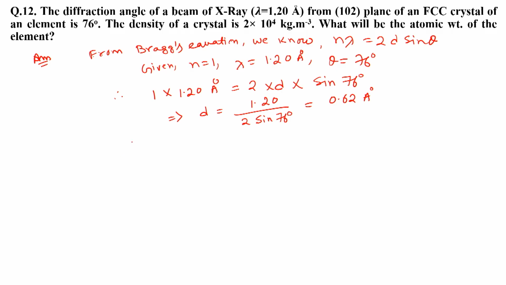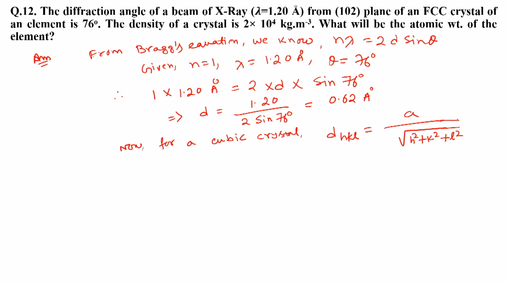Now for a cubic crystal, d_hkl is a by square root of h square plus k square plus l square, right? For the 102 plane, h is 1, k is 0 and l is 2.